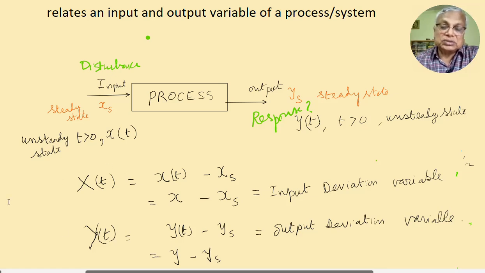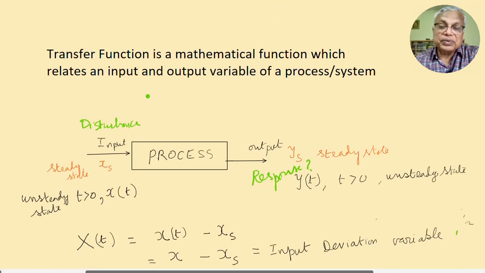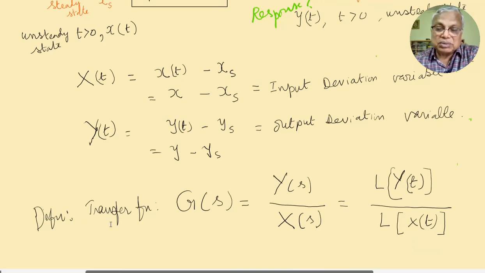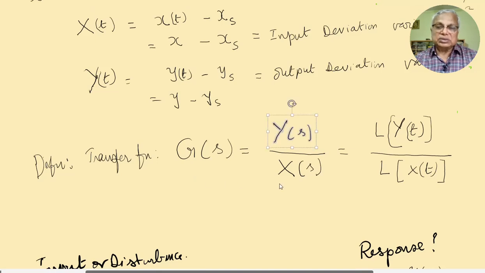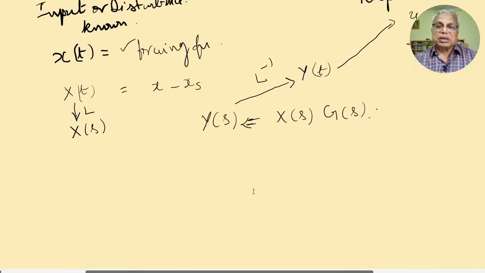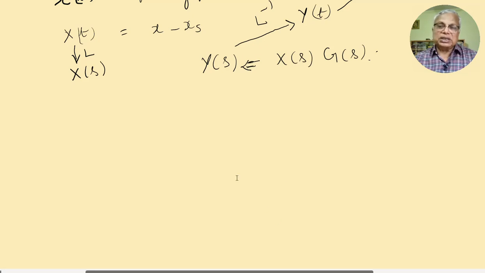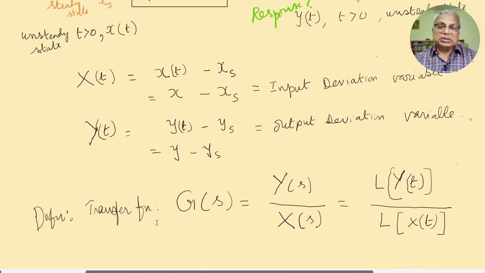The transfer functions can be derived by mathematical methods: if you get to know what happens in the process, and if we can write the mathematical equations describing the process, then we can derive the transfer function of the process.